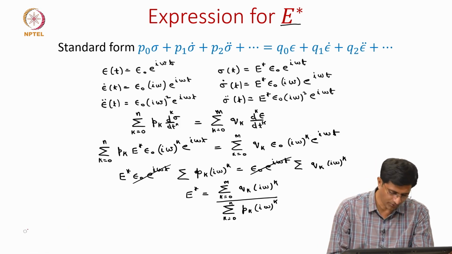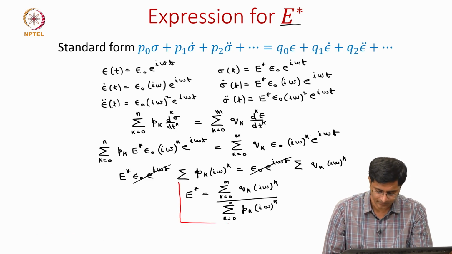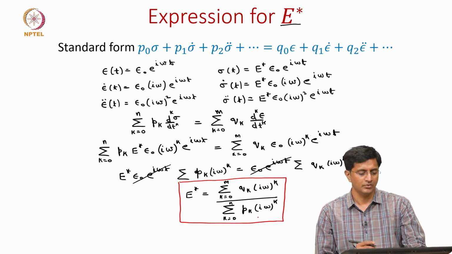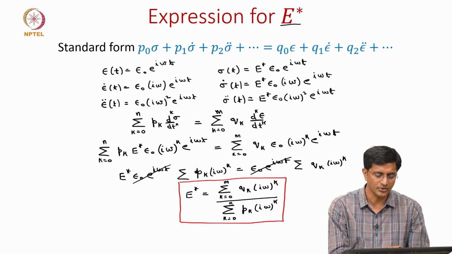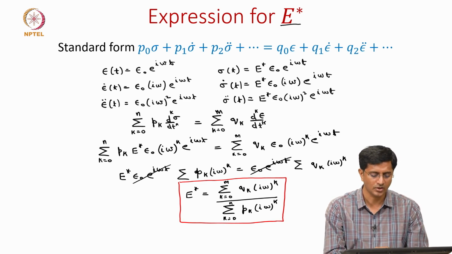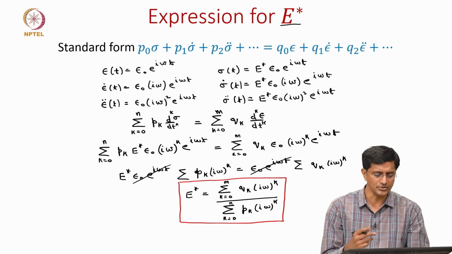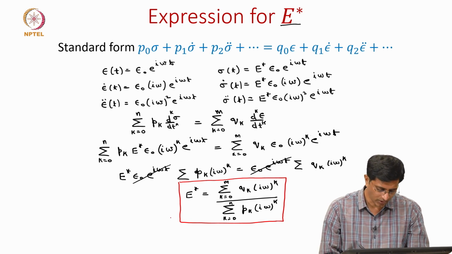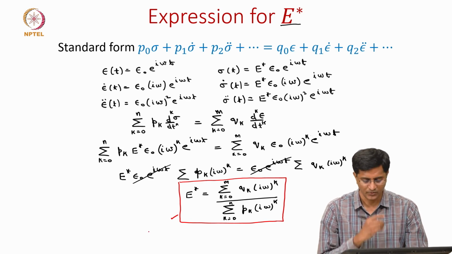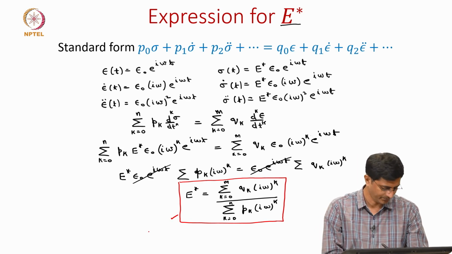So, this should be our final expression to find the complex modulus. We started with the strain input in terms of the exponential and wrote the stress output, and then we have seen what is the pattern we are getting for the derivatives. Once we substitute that in the standard form, we are able to come with this expression for the complex modulus.